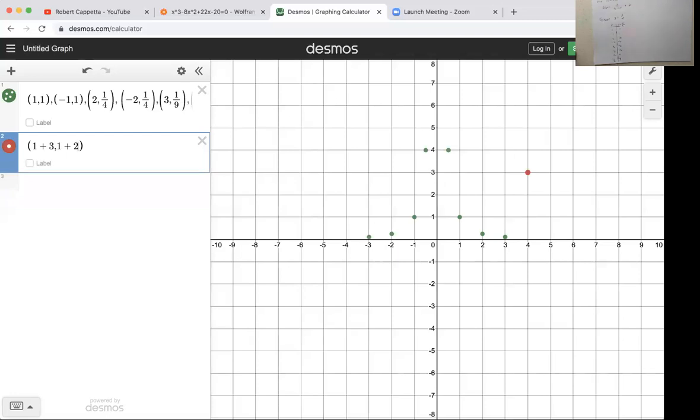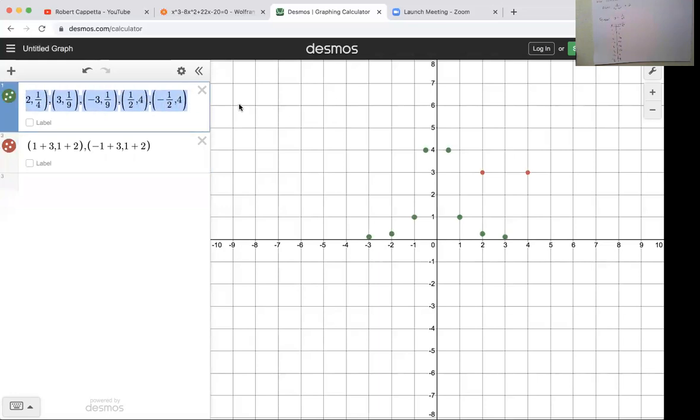You can see what we've done. How about my point 1, negative 1? 3 to the right and 2 up. And I can do that with all of these others.